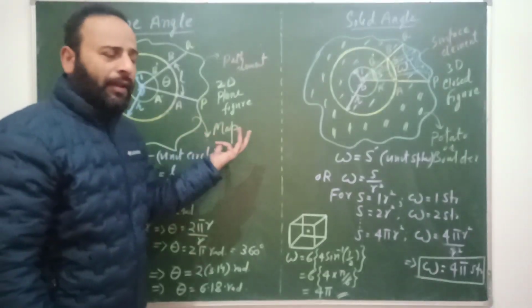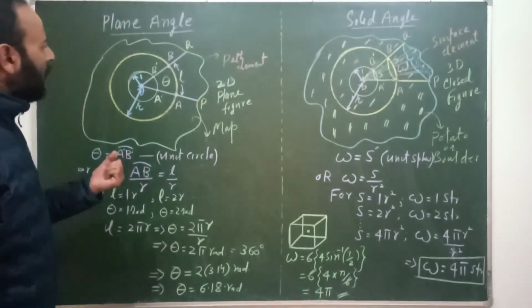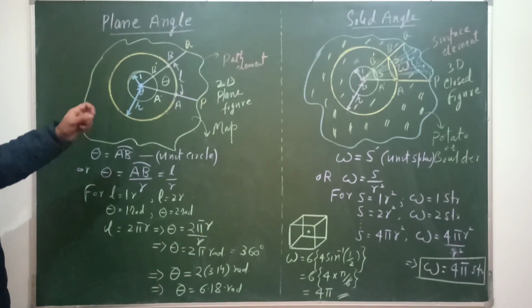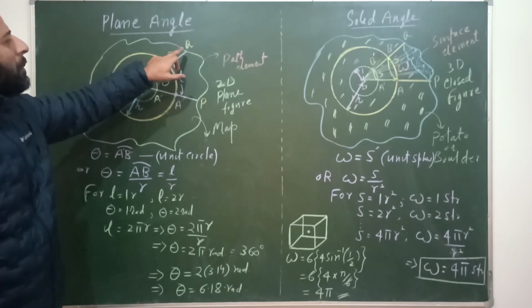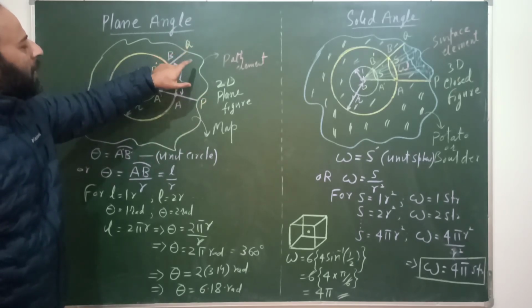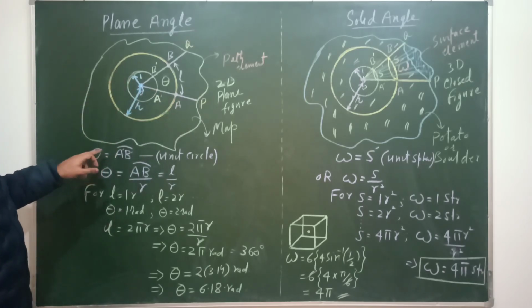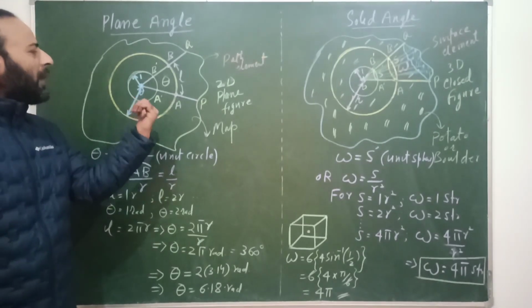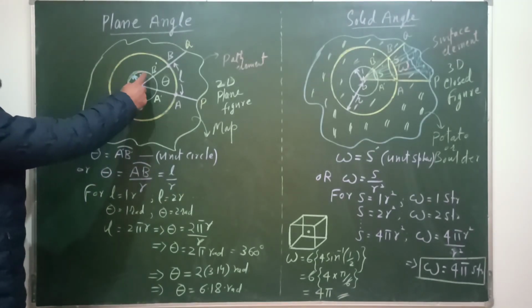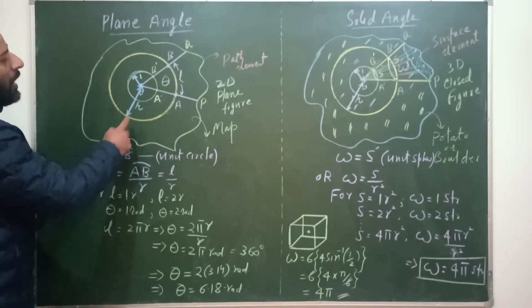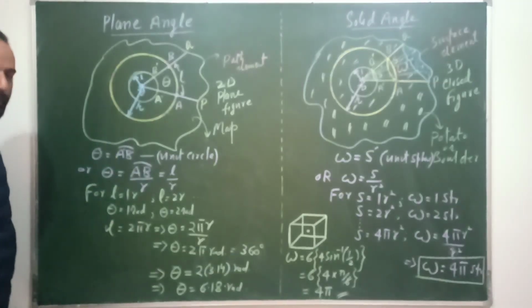Then what is a plane angle? In the easiest possible way, we can say the arc length intercepted by these two points P and Q on the plane figure on the unit circle is the plane angle. So theta is equal to the arc length on the unit circle.